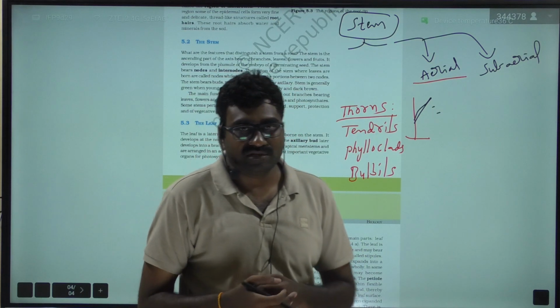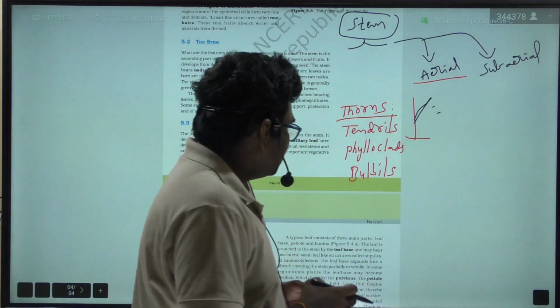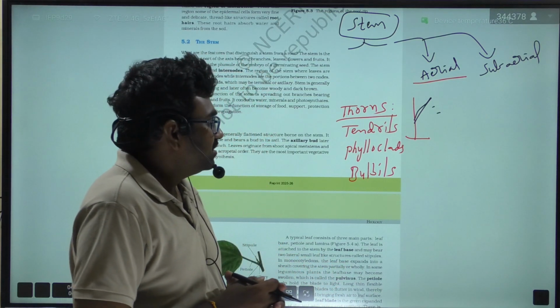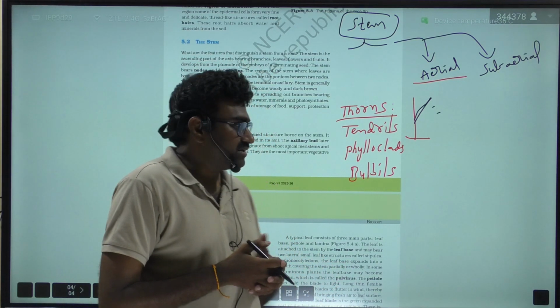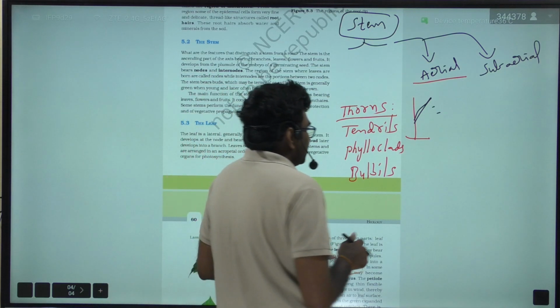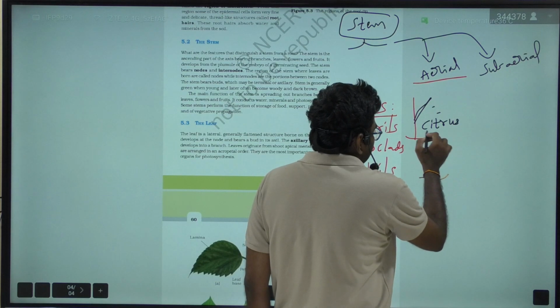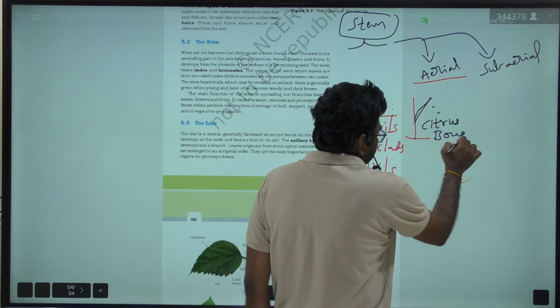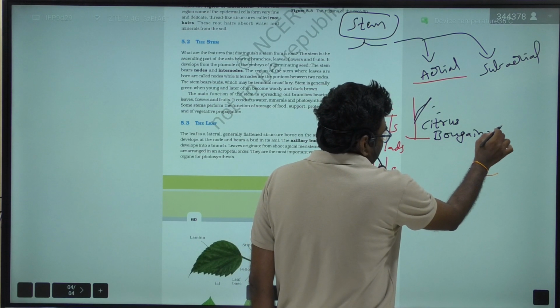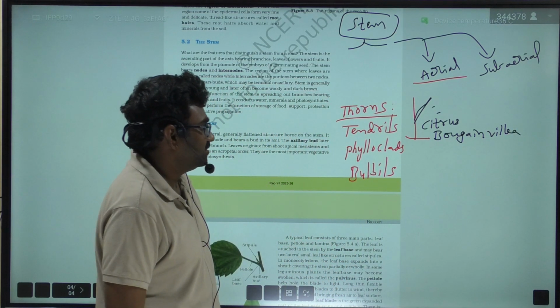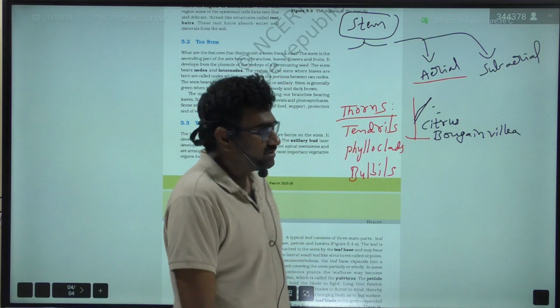The function of thorn is mainly protection from browsing or grazing animals. The best examples for thorns are citrus and bougainvillea, which is also known as the paper flower plant.